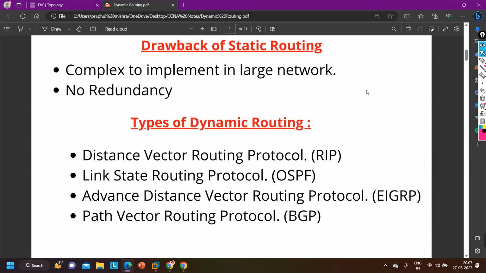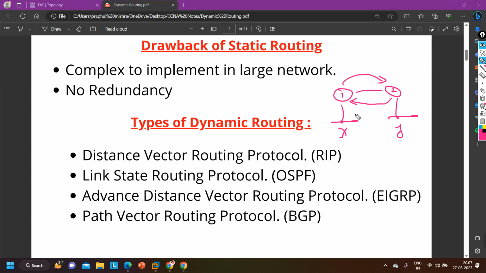This is fine. Dynamic routing: till now we have discussed that in static routing we manually configure the remote network, but in dynamic routing, the router itself will advertise the network. Let's say router 1 has X network and router 2 has Y network. Router 1 will tell about X network to router 2, and router 2 will tell about Y network to router 1.